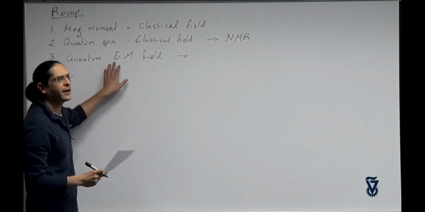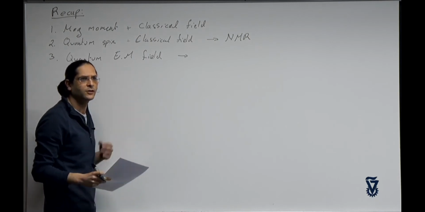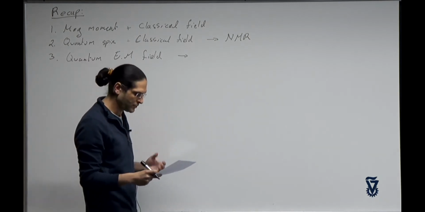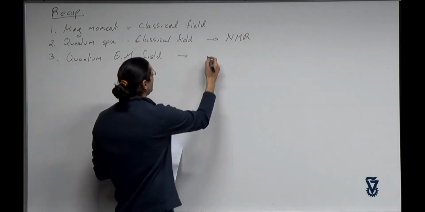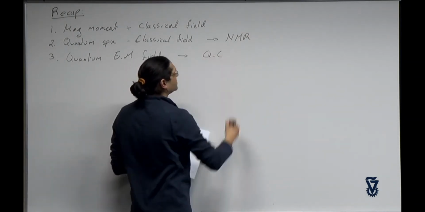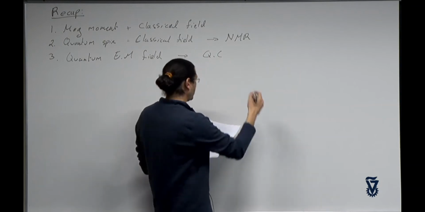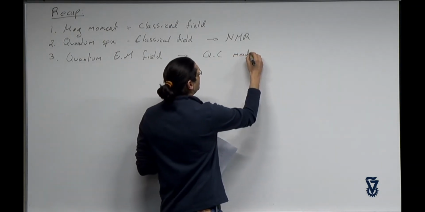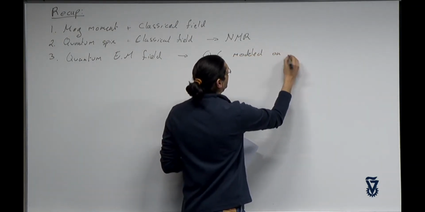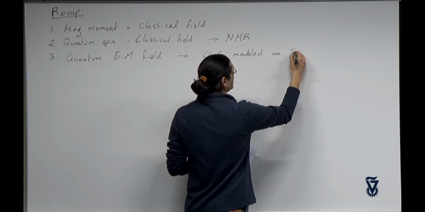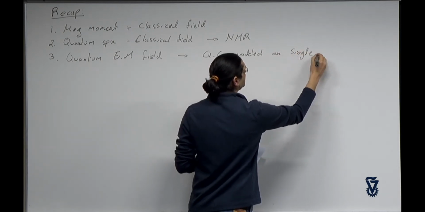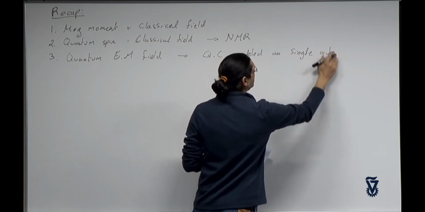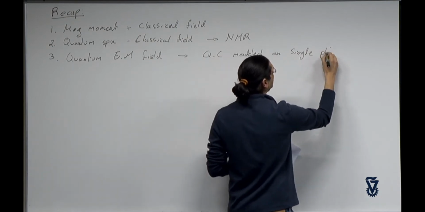And what we learned, if you remember, is that the electromagnetic field is just a bunch of harmonic oscillators. And we even built a small model for a quantum computer modeled on a single qubit, a single photon qubit.